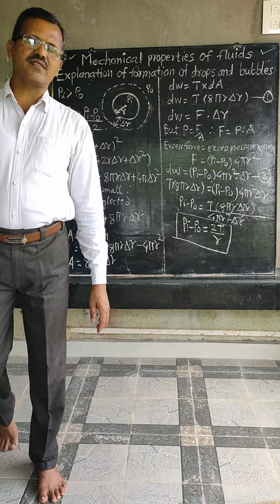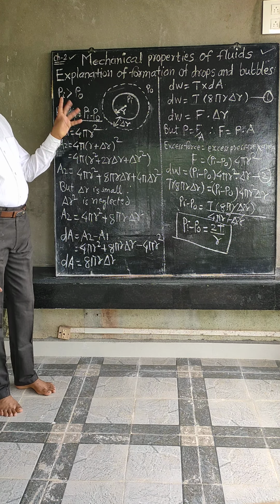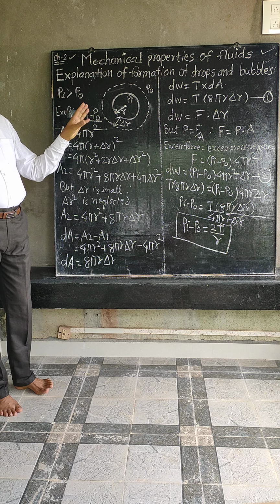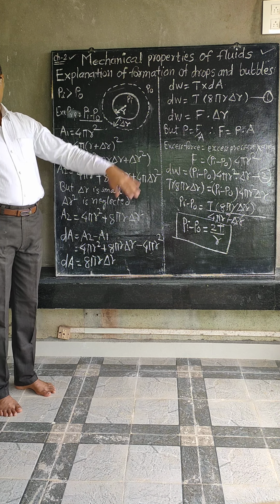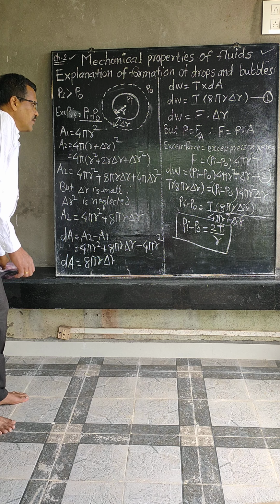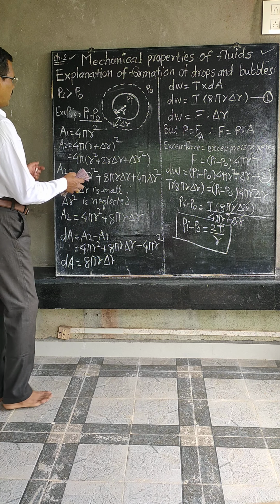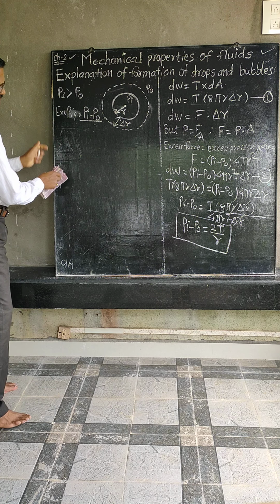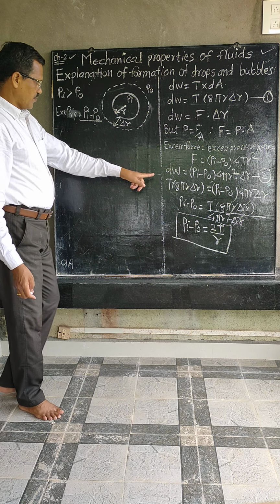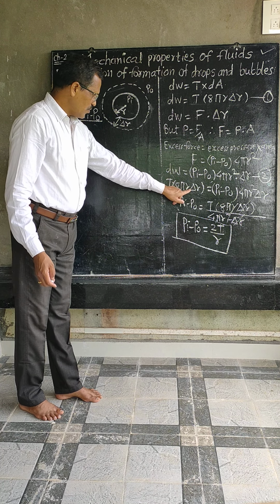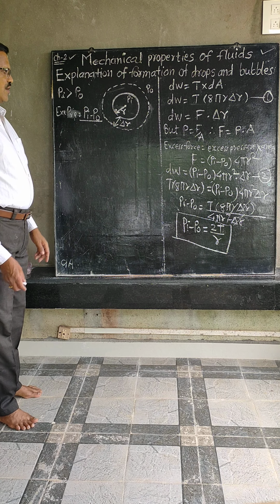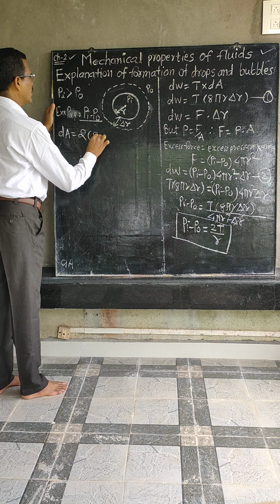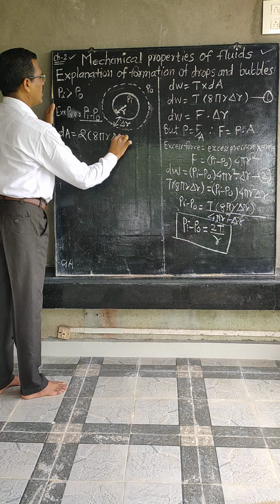In case of bubbles, a bubble has two surfaces which come into contact, the inner surface and the outer surface, and therefore the increase in surface area will become double. This increase in surface area dA will be twice 8 pi r delta r.